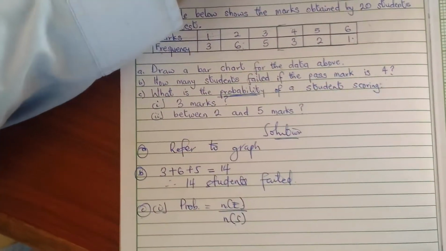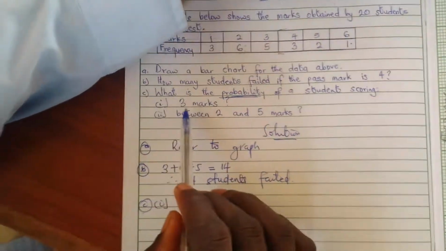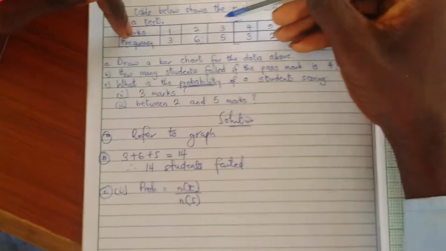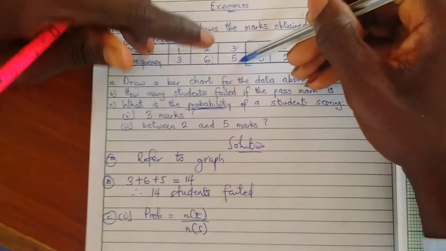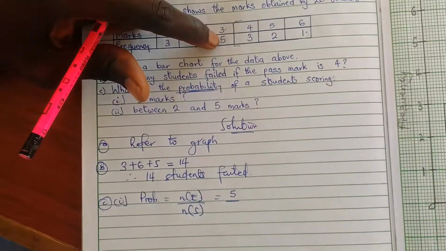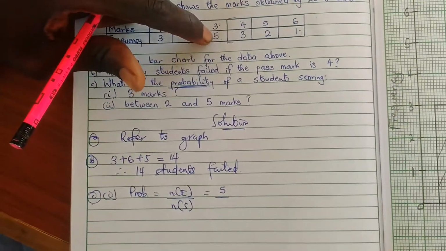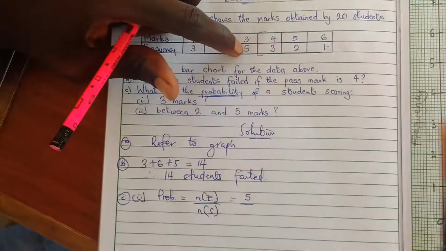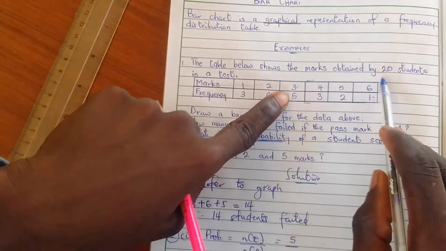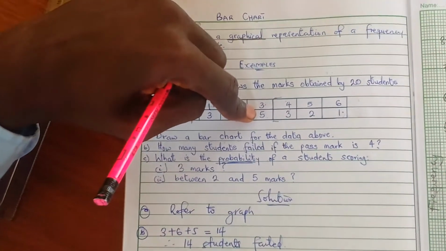So what are we to find the probability of? The probability of scoring 3. So you come to the table, of scoring 3 marks, there are 5. So we are going to write 5 over the sample space. What is the sample space? The total number of students. And we were told that this shows the marks obtained by 20 students.